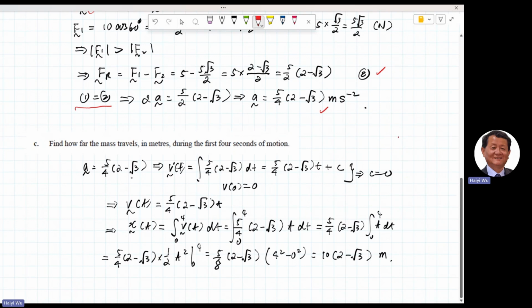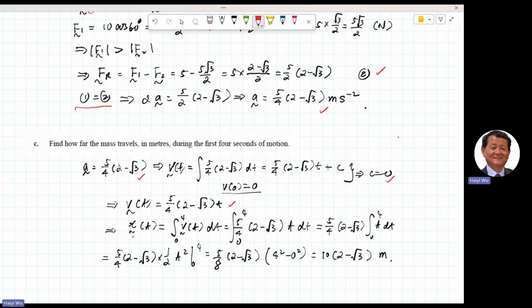We know the acceleration from question B. So we integrate to find v(t), the integral of a. Because the velocity initially was 0, the constant is 0. So the velocity function is 5/4 times (2 minus square root 3) times t.